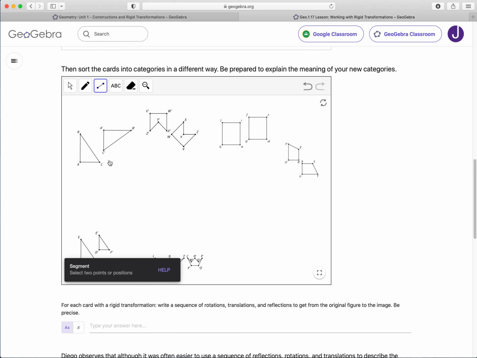You could figure out where the perpendicular bisector would be for C and C prime, which would be somewhere around in here maybe. If there was a line segment from C to C prime, then you would take another one from A to A prime, which would maybe be something like this, I think. Hard to tell.